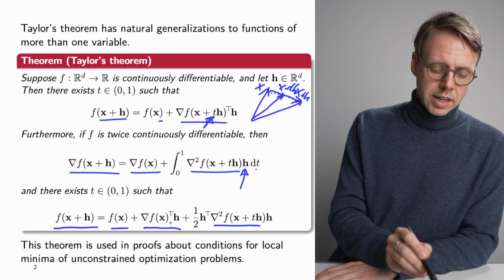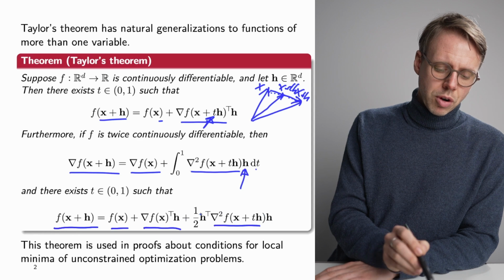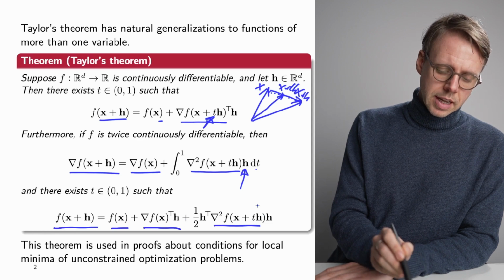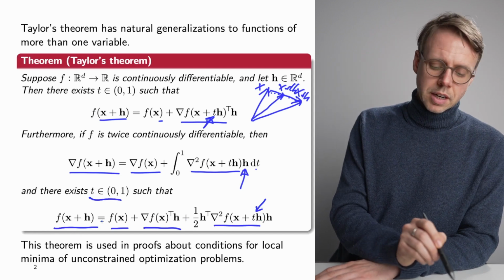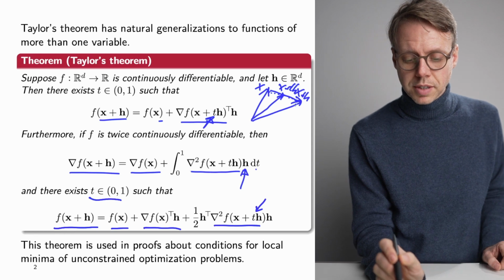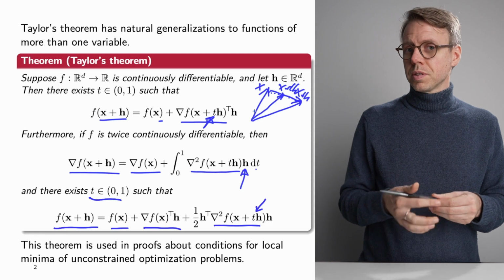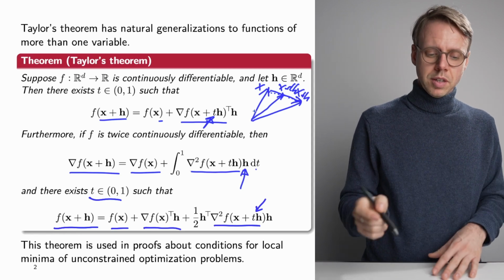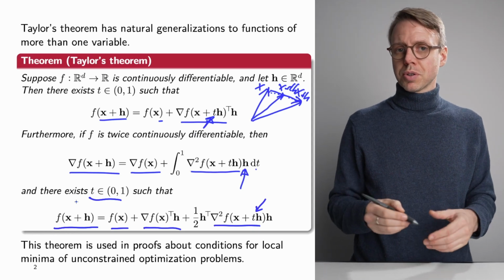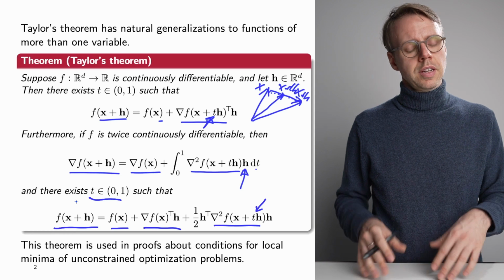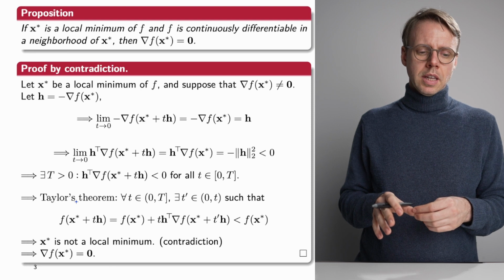So the gradient times this displacement vector h and the quadratic form in the Hessian, but the Hessian at this point t times h, where again we don't know which of these points it is, we only know that it exists. So how is this useful? Well, that we will see today, because we will use these three expressions to prove various things about optima of high-dimensional optimization problems.